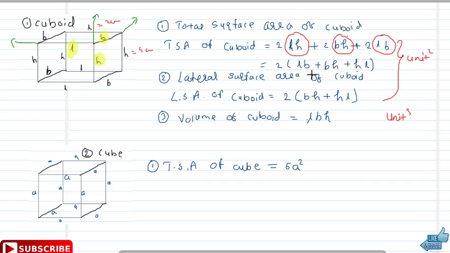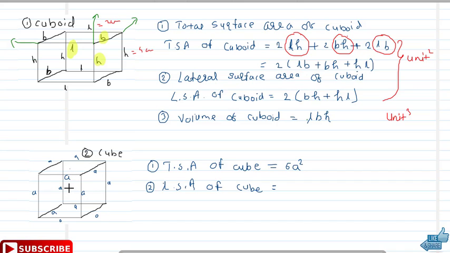Now, LSA. LSA of cube is nothing but the lateral surface area, top and bottom excluded. So just exclude top and bottom, and we will just talk about the lateral surface area here.